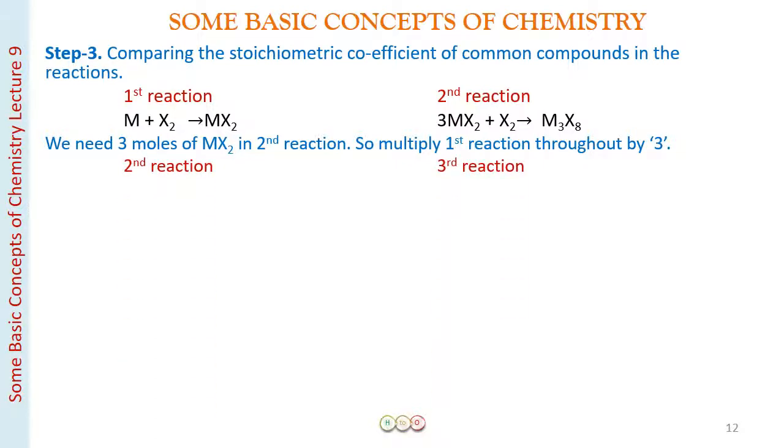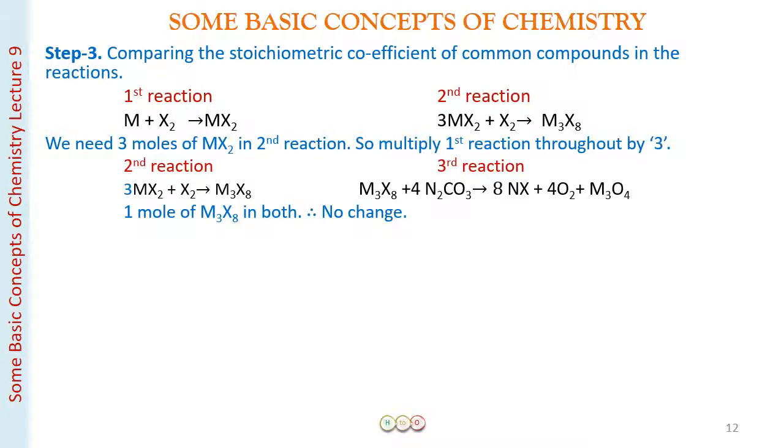Then compare the second and the third reaction. So here 1 mole of M3X8 is formed in the second reaction and 1 mole of M3X8 is utilized in the third reaction. So as in both the reactions there is 1 mole of M3X8, we will not make any change in either of the reactions.